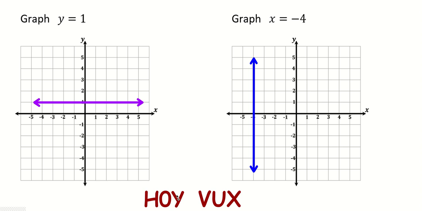So there you go, that's J.Falk. It's amazing. Horizontal lines have a slope of 0, and their equations only have a y variable. Vertical lines all have undefined slope, and their equations only have an x variable.